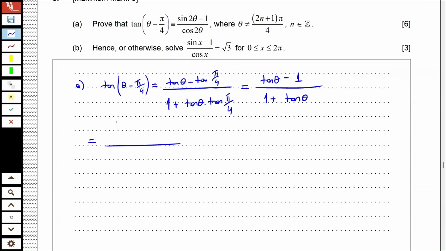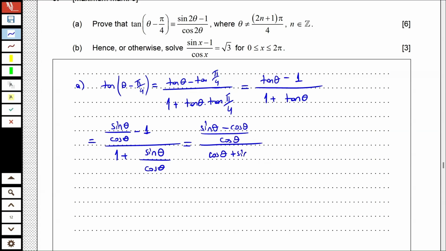If you replace tangent theta with sine theta over cosine theta, minus 1, over 1 plus sine theta over cosine theta, we will find sine theta minus cosine theta over cosine theta, over cosine theta plus sine theta divided by cosine theta.